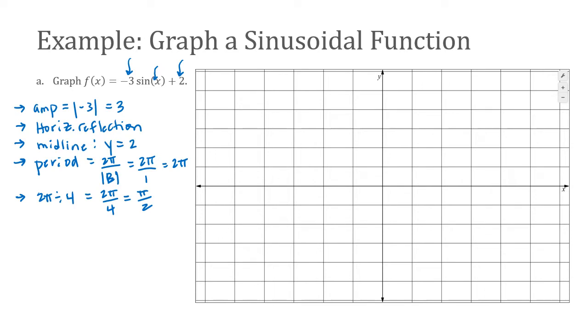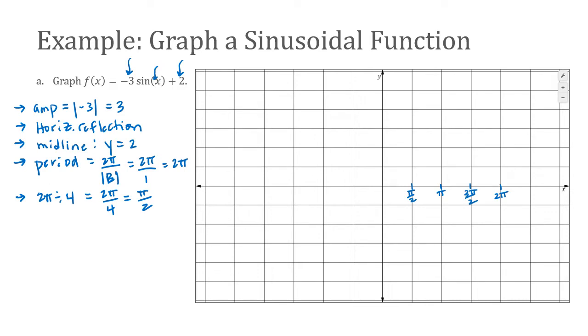So, starting at the origin and moving to the right, my first tick mark is 1 pi over 2. My second one is 2 pi over 2, which reduces to pi. My third one is 3 pi over 2. And the last one is 4 pi over 2, which reduces to 2 pi.